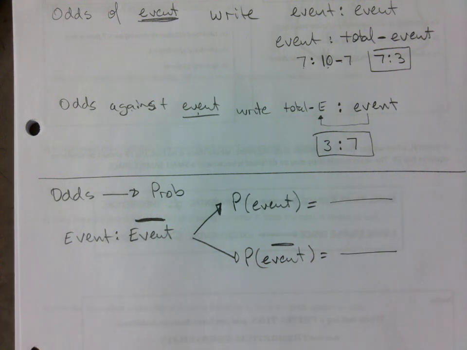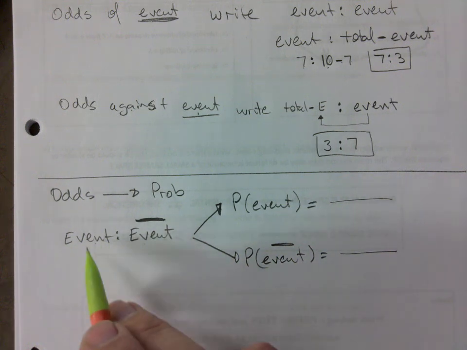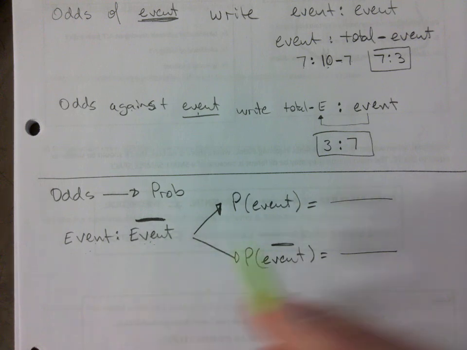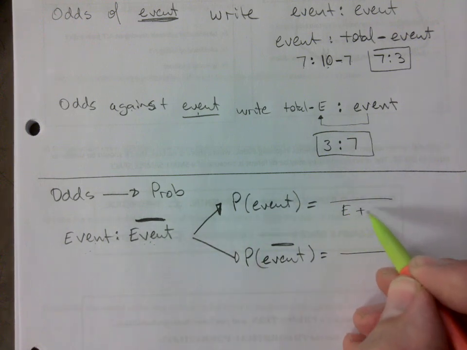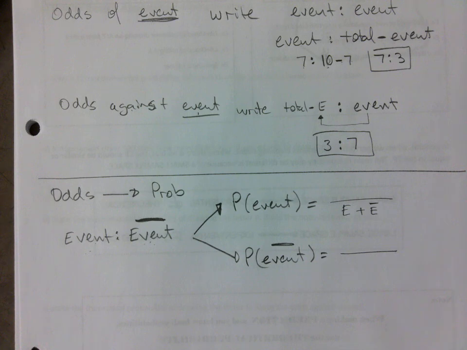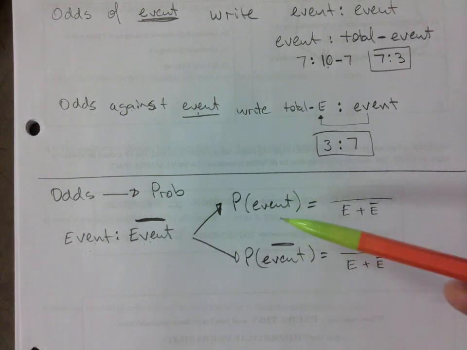Remember, it's probability, it has to be a fraction. The first thing I want you to do is add these two up to get your total. So we're going to go E plus E bar. Same with this one. That would be the number one thing. Remember, I would only ask you for one.